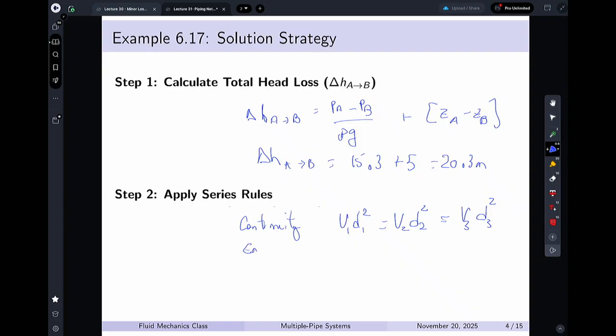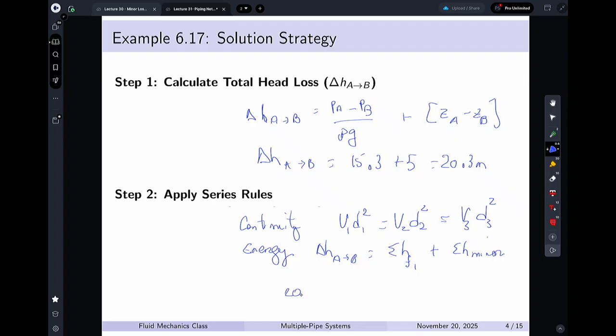Energy: delta H A to B is equal to H major, which we talked about on Tuesday, and H minor.